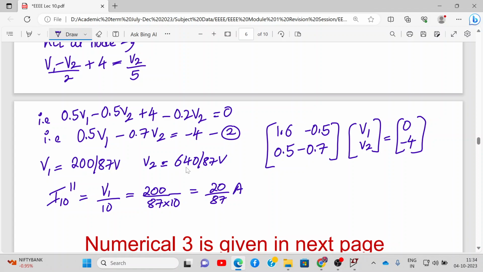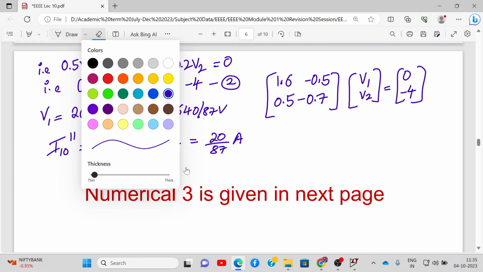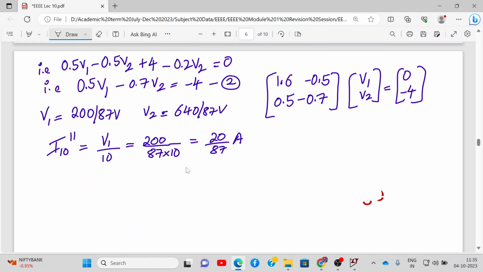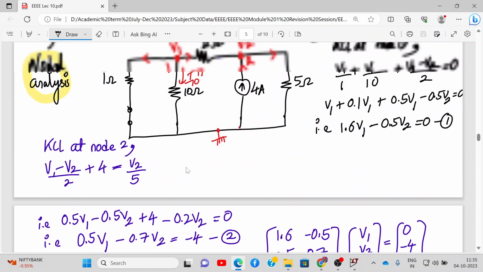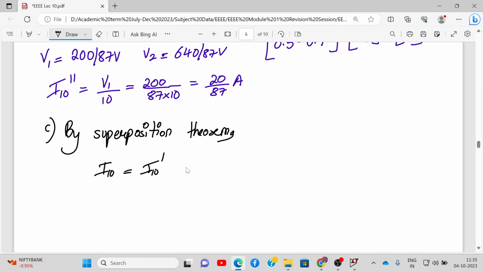Now, by superposition theorem, we can say that... okay. So now we apply superposition theorem. So we can write step number 3 as: by superposition theorem, we can say that I10 is I10 dash plus I10 double dash.